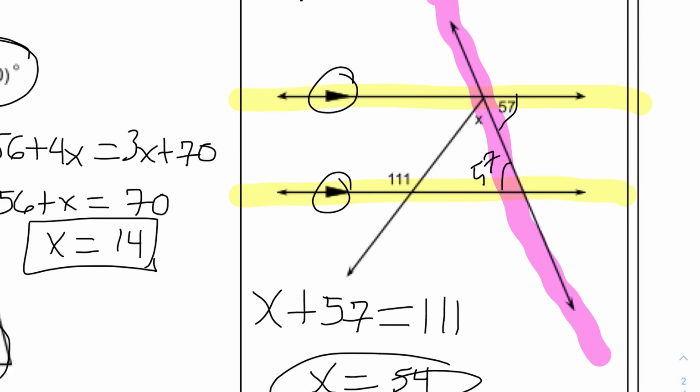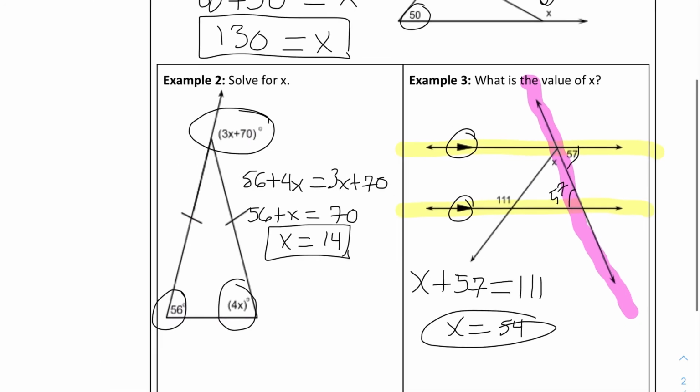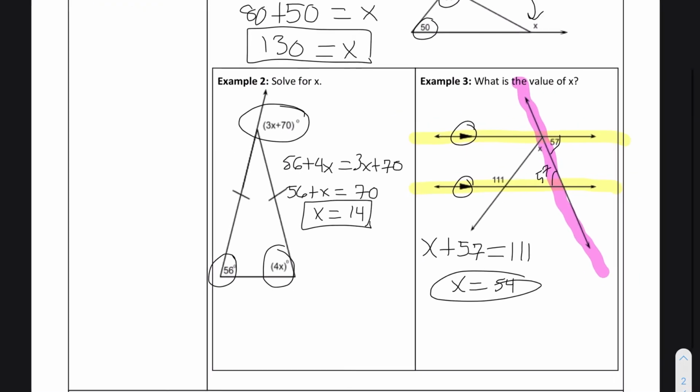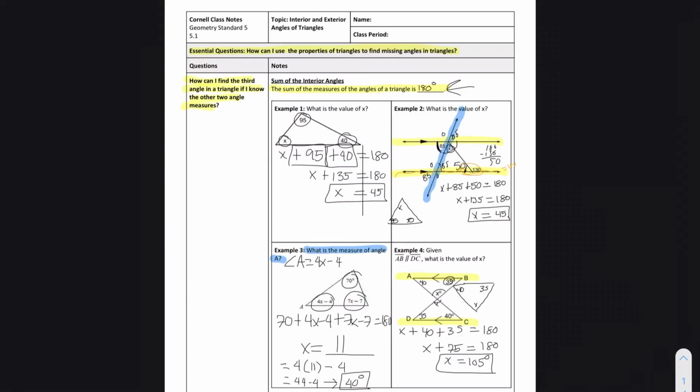All right. So we pretty much answered both questions. The first question is, how can I find the third angle in a triangle if I know the other two angle measures? By using the sum of interior angles, which means all those angles add to equal 180.